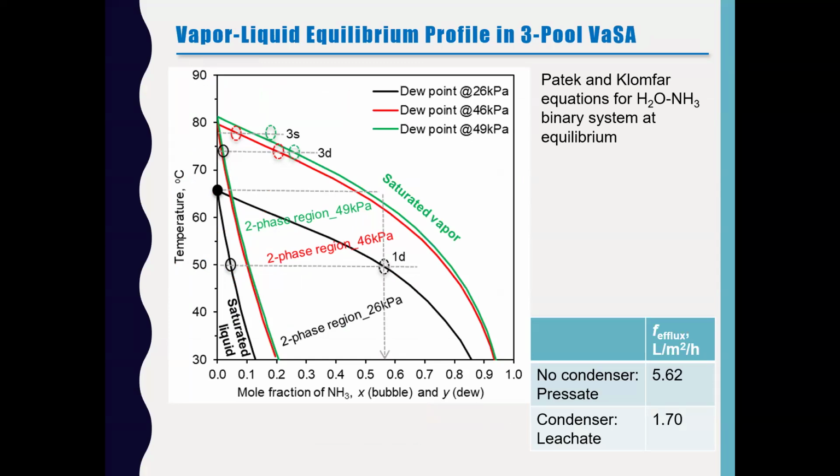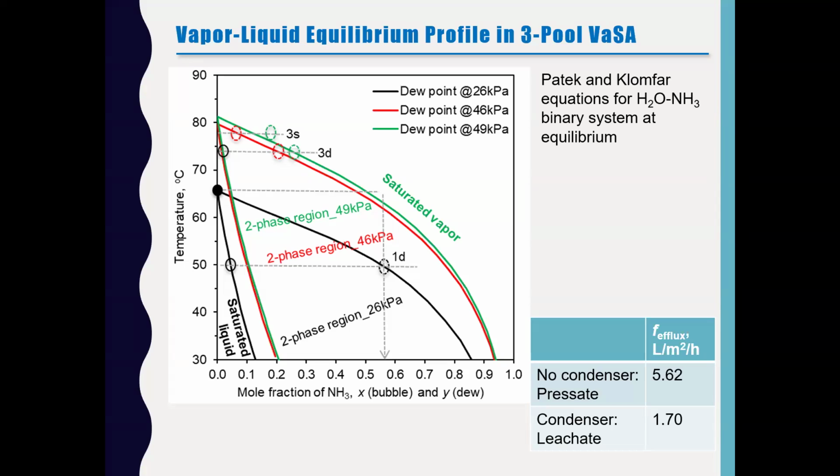It boils at 65. At this temperature, the ammonia fraction in the condensed state is very small, about 5%. In the vapor, it's more than 58%. So that means efficient stripping and separation of ammonia.